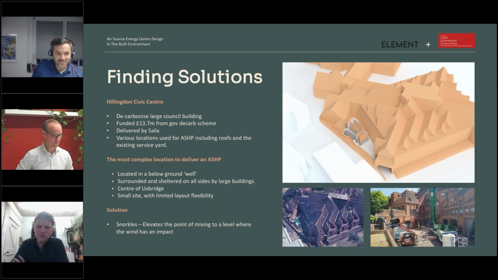So they're existing flats, people live there, and there are regulations rightly around industrial and commercial noise adjacent to residential units. So they are effectively continuous and open noise attenuators. So the snorkels lift the point of mixing as well as attenuating the noise, enabling us to run the air faster. All of that iterated through many options and real project context considerations such as that.